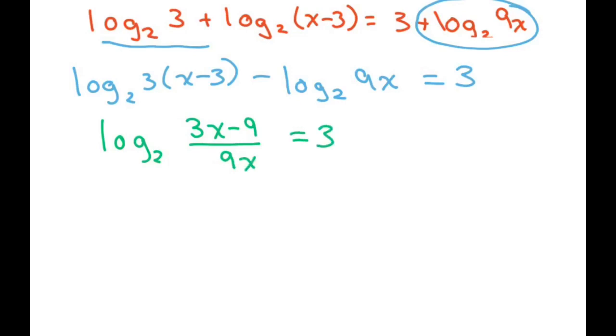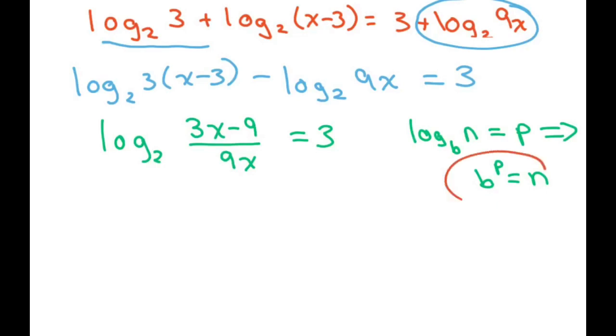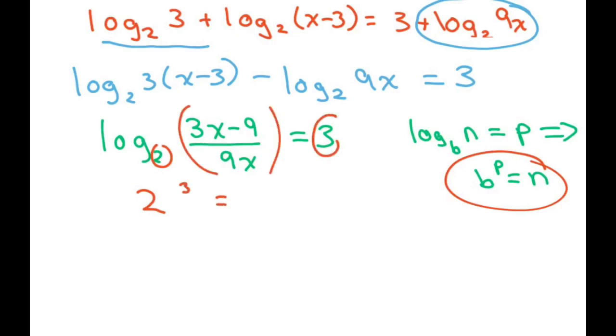Now using my formula, the log base of a value equals your power, and that can be written as base to the power equals your value. I'm going to rewrite it like this. So my base is 2, my power is 3, and my value is 3x minus 9 over 9x.